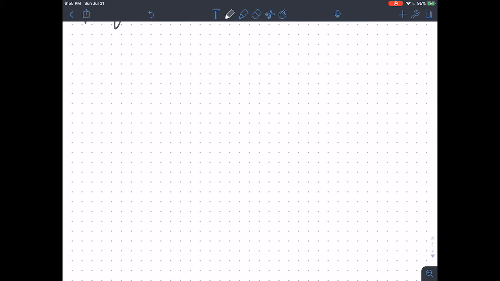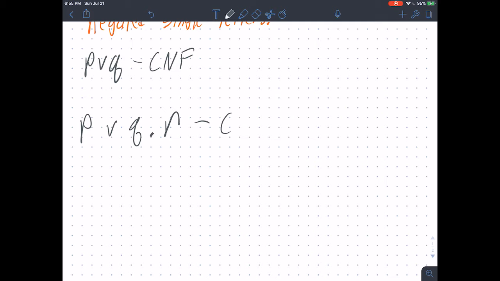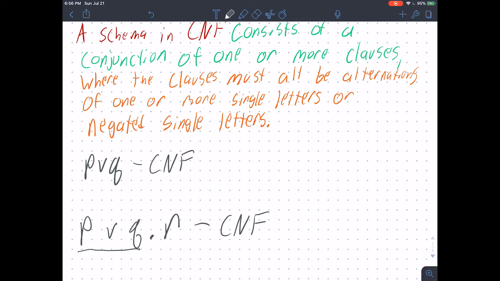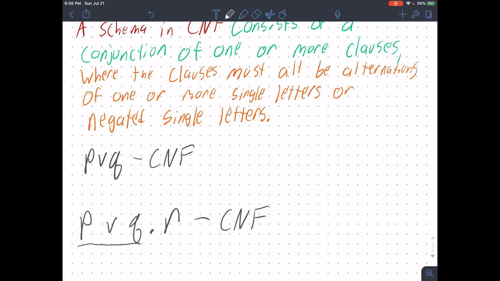Another example of a schema that is in conjunctive normal form is the schema P or Q, and R. So, CNF. What we have here is a conjunction, so it's starting to look like what the name says it should. One side of the conjunction is an alternation. So the first clause is an alternation, and the second clause doesn't look like an alternation right there.